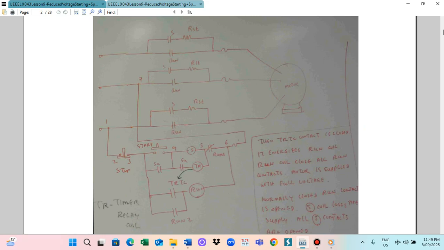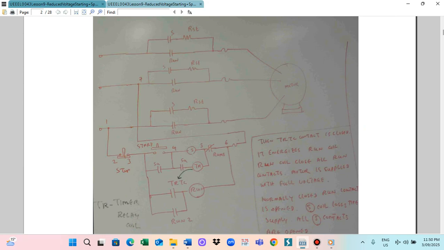SA is the auxiliary contact, in parallel with the start switch, so you don't need to keep pressing the start switch because the SA auxiliary contact is closed, and the motor will continue to run. Similarly, this SA is also closed and the TR coil is energized. The TR coil, the timer relay coil, tries to close the TRTC.